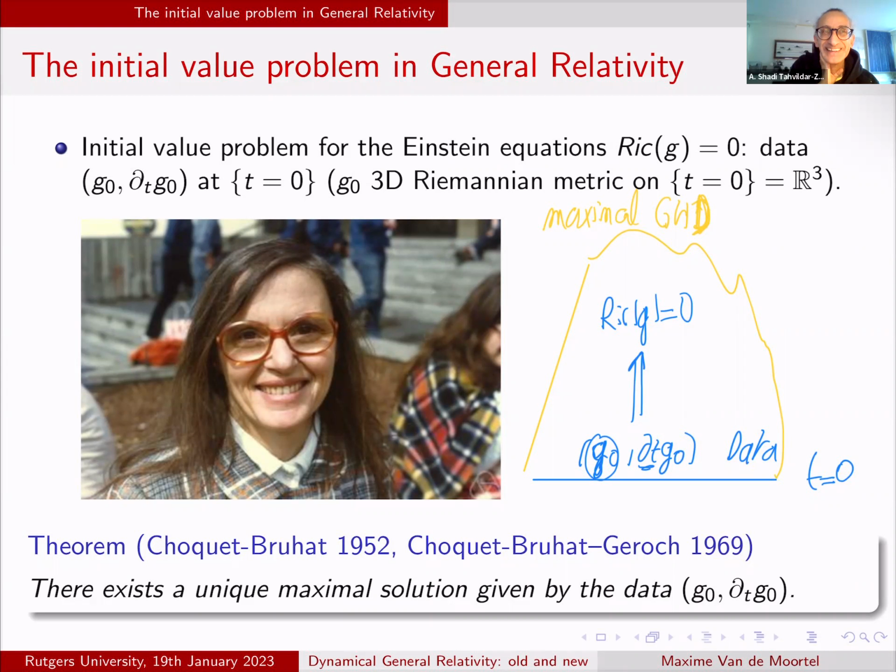You mean the black hole issue? No, not the black hole issue, but suppose you were naive, you're not sophisticated, and you're looking for a solution given the initial data. You already have coordinates somehow. Because of diffeomorphism invariance, there's not going to be a unique solution unless you take into account the equivalence.